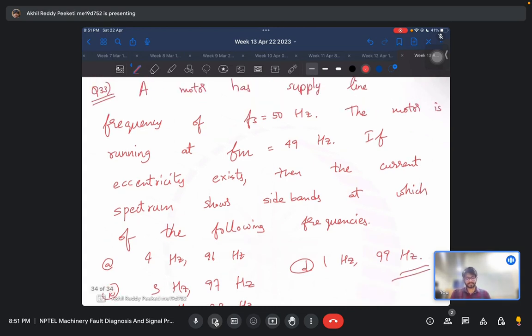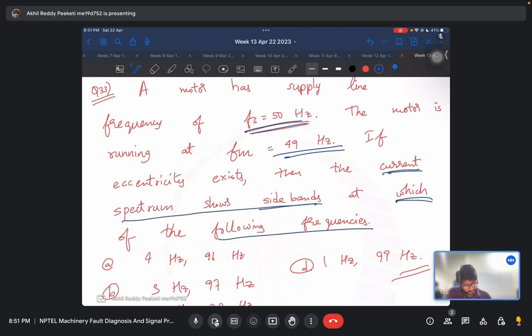So if you have a supply frequency of 50 Hz and the motor is running at 49 Hz with the presence of eccentricity, the current spectrum shows side bands at which of the following frequencies?